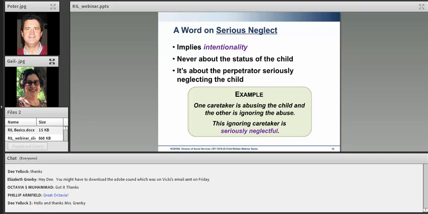So think about serious neglect. It's not about a child. A child isn't seriously neglected. In North Carolina, a child is either abused, neglected, or dependent. So serious neglect has its own special little spot in our statutes, and it only refers to the RIL.